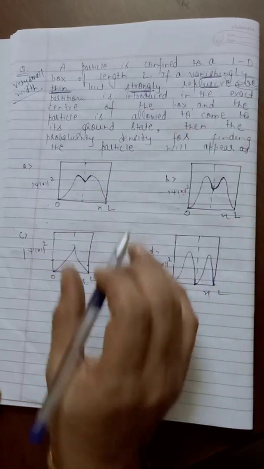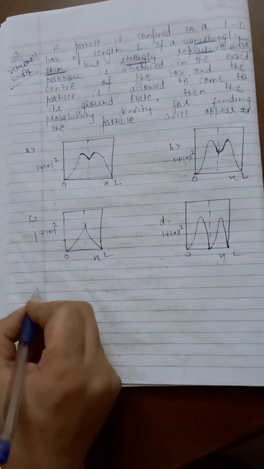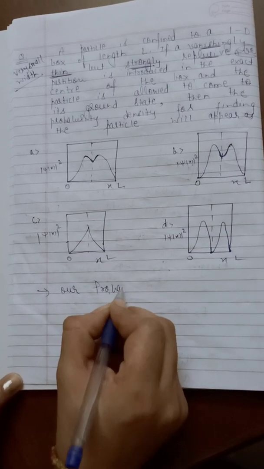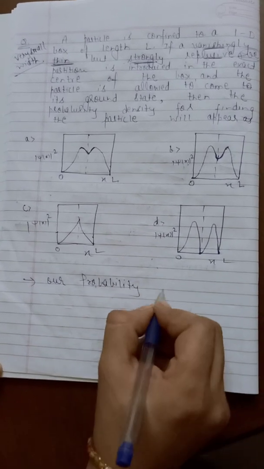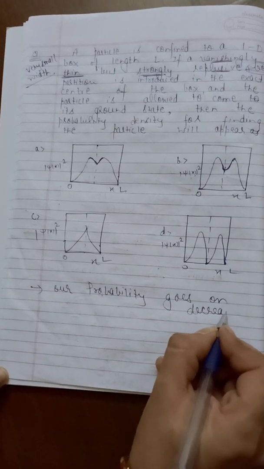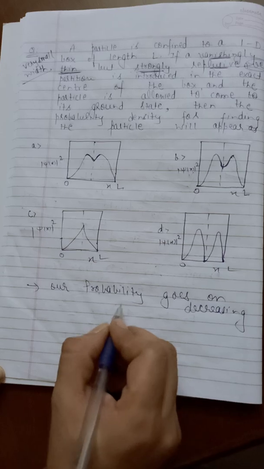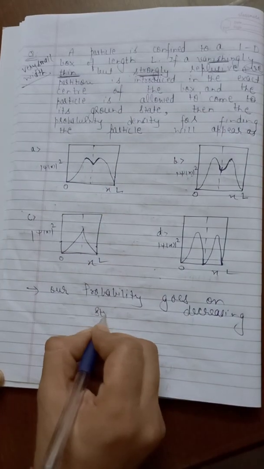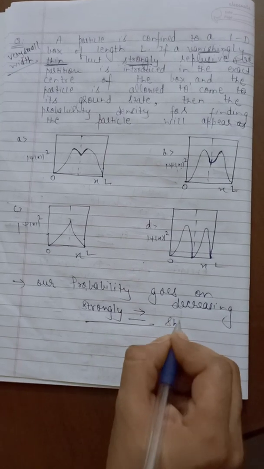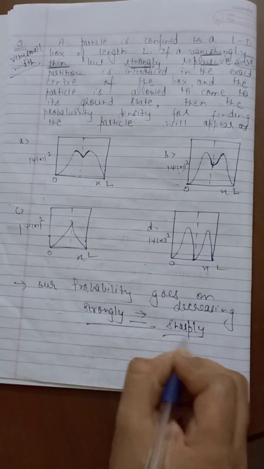We know that for strongly repulsive, our probability goes on decreasing. Another word, strongly, means sharply, meaning suddenly.